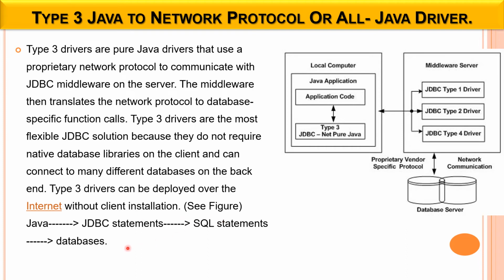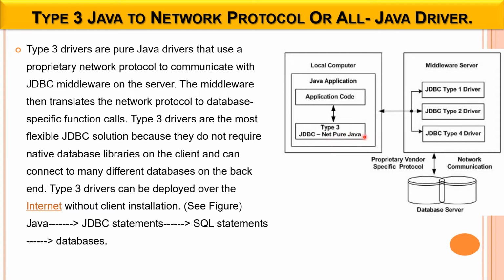See, the figure shows the Java to JDBC sequence, JDBC statements, then SQL statements to the database. The local computer, that is the client machine, is where the Java application is loaded with the application code, which connects with type 3, that is Java to network protocol, and JDBC net pure Java is connected with the application code.